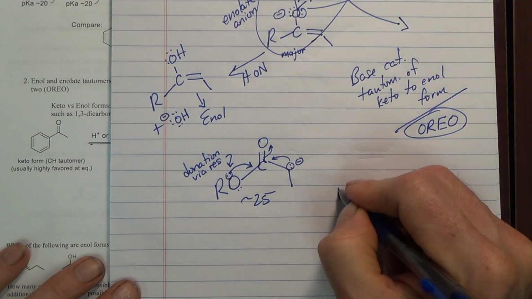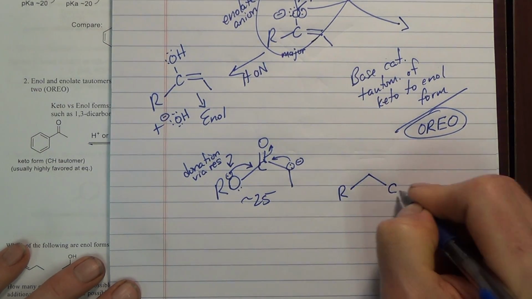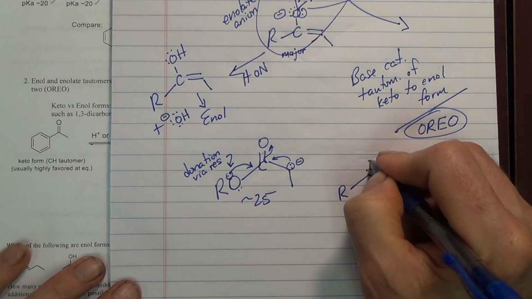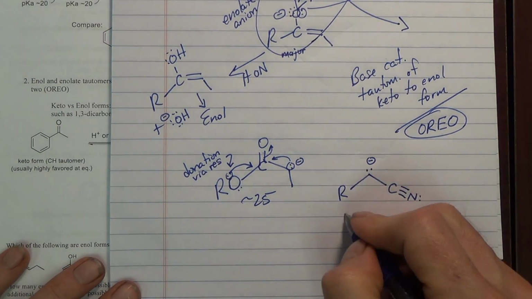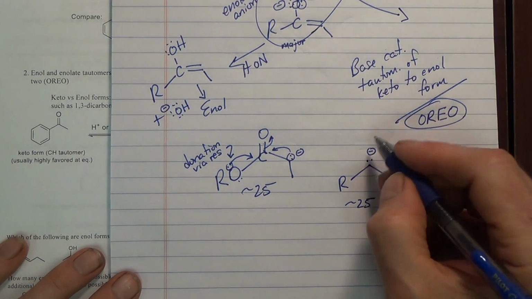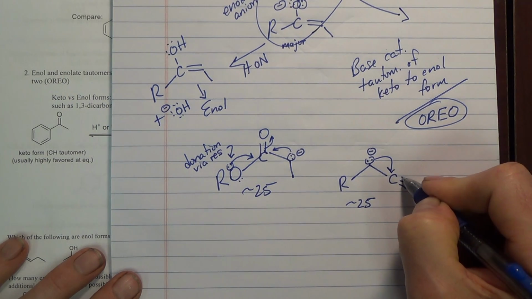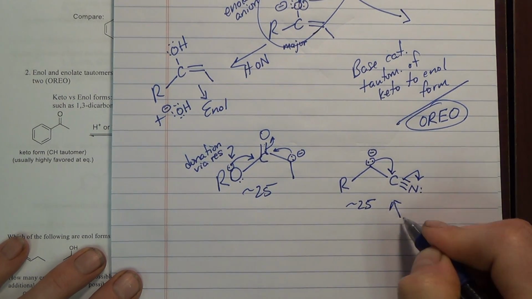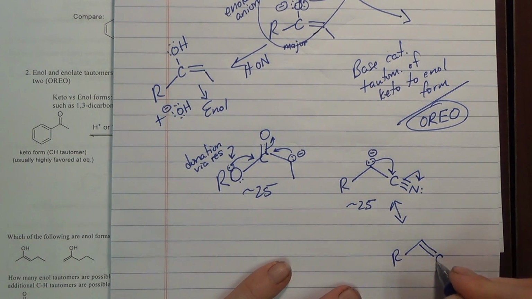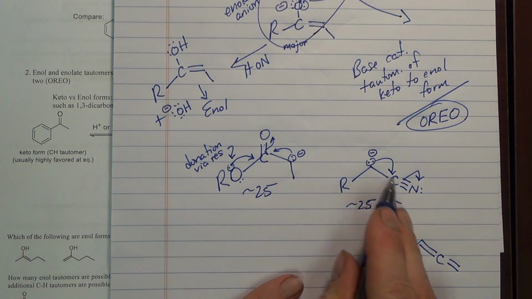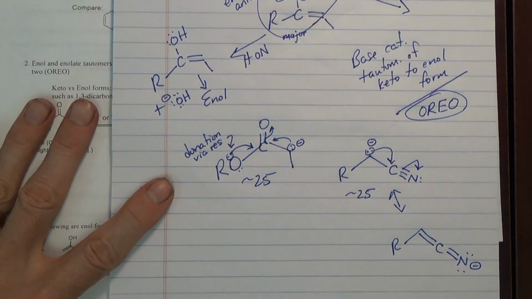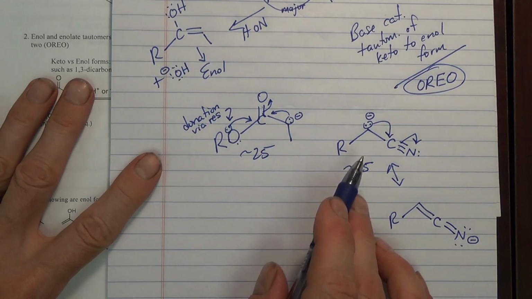Now, if we look at a nitrile anion, which is also about 25, it is resonance stabilized, and these electrons can move here and pi bond here. It's going to be a carbon double bonded on each side, yeah. Okay.